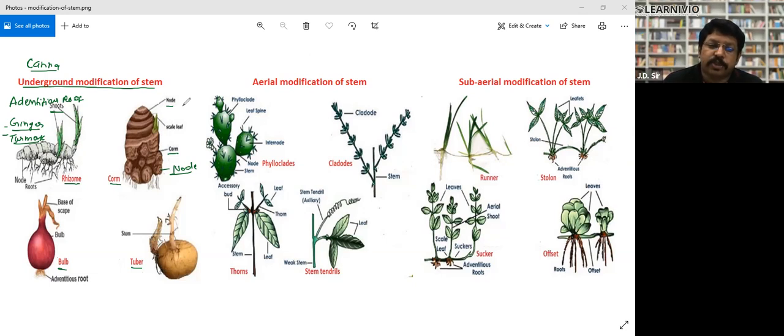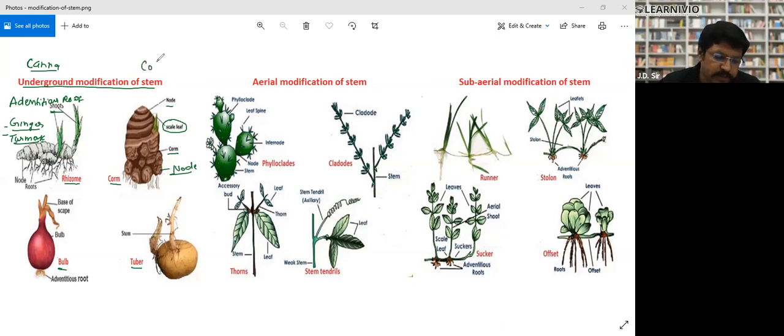At favorable condition, they give rise to aerial shoots. Full stop. Example, this is colocasia.